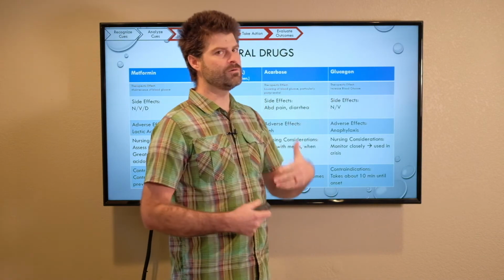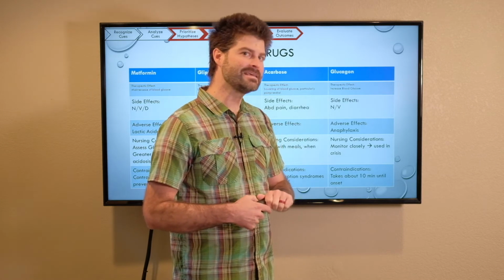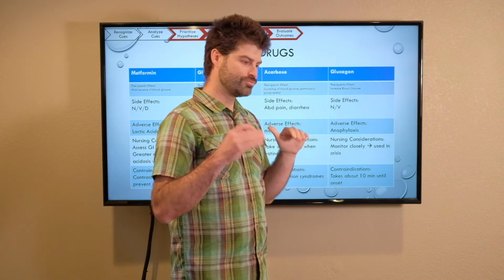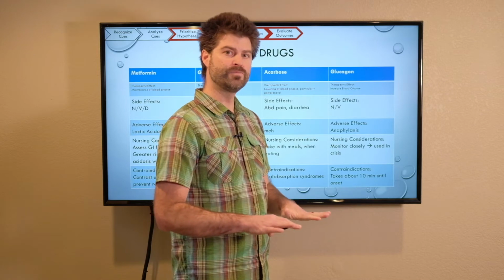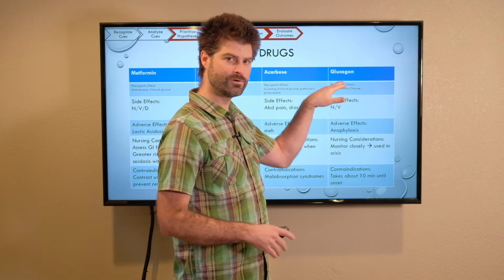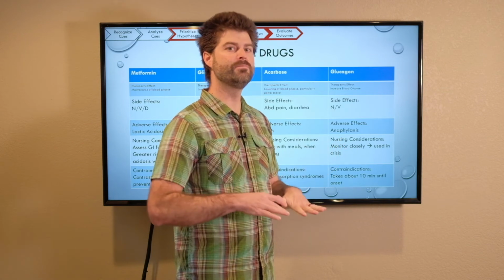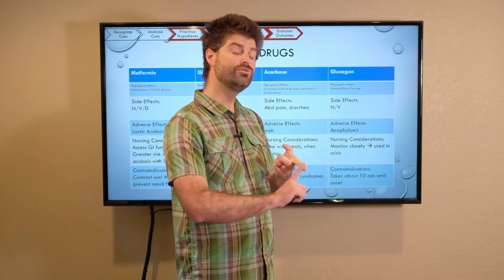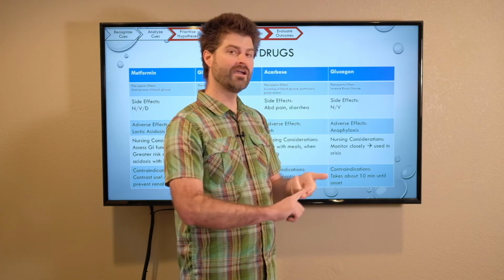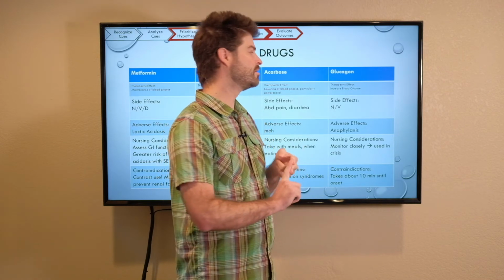With glucagon, we don't want to be giving this to patients routinely, right? If their blood sugar is routinely low enough that we need to be intervening to increase it, we need to look at other factors that may be causing their hypoglycemia. Like, are they getting too much insulin, or are they not getting enough nutrition?